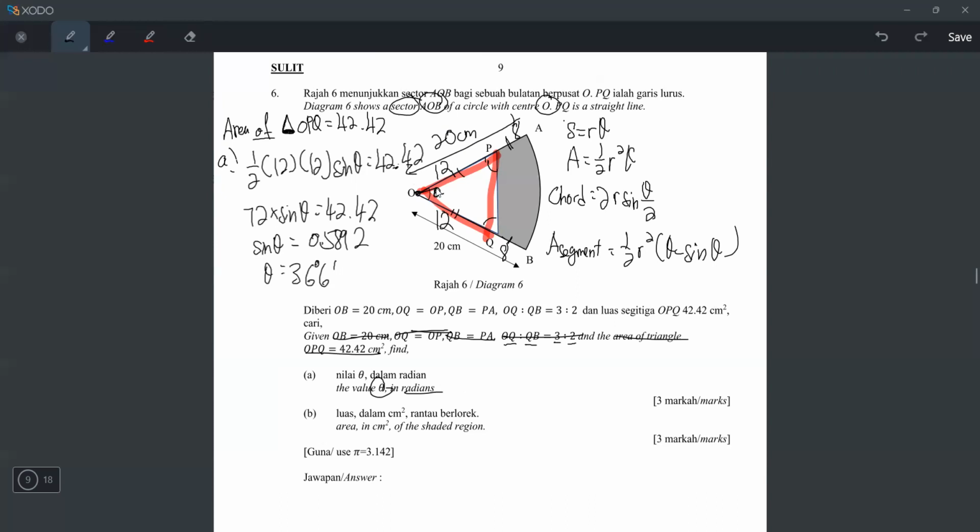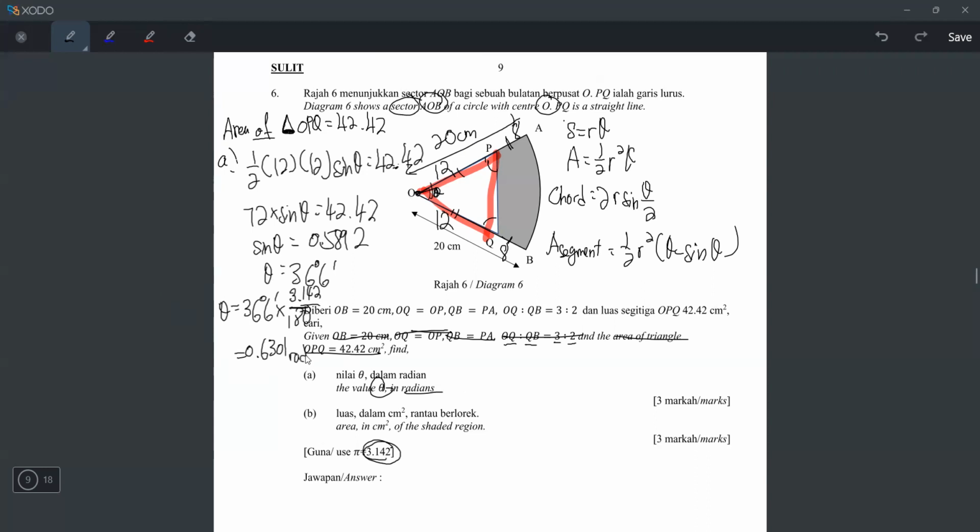Because it's first quadrant. Yeah, so you can ignore the second quadrant answer. But I still have to convert to radian. So 36 degree 6 minutes times with pi divided 180. And if you look here, they got say use pi 3.142. So 3.142 over 180. Yeah. So let's press answer times with 3.142 divide 180. 0.6301.